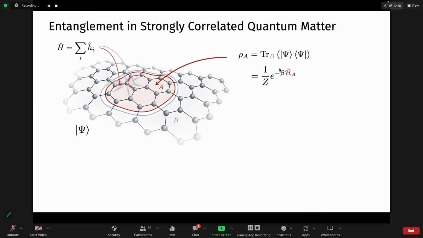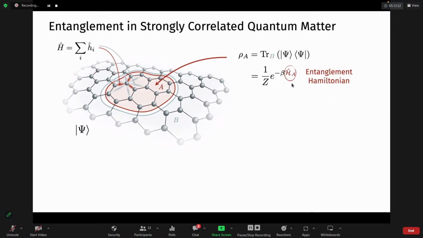So the smaller this beta is, the higher the temperature is, and the more mixed your density matrix will be, and the more entanglement there is. But moreover, you also now have a dimensionless Hermitian operator in the exponent. We call this thing the entanglement Hamiltonian. And this is the main subject of this talk.